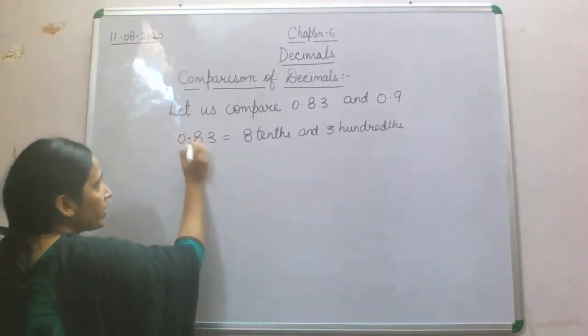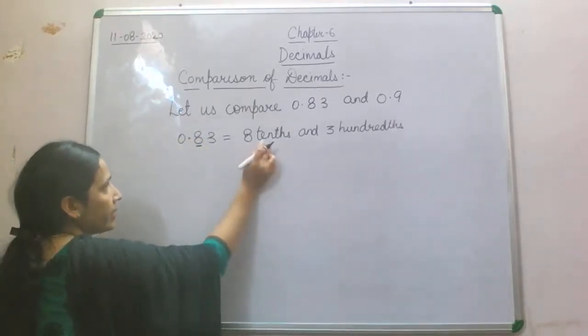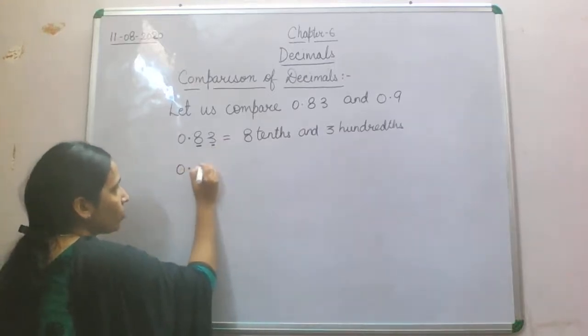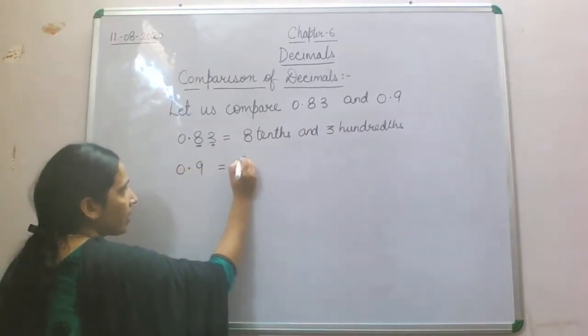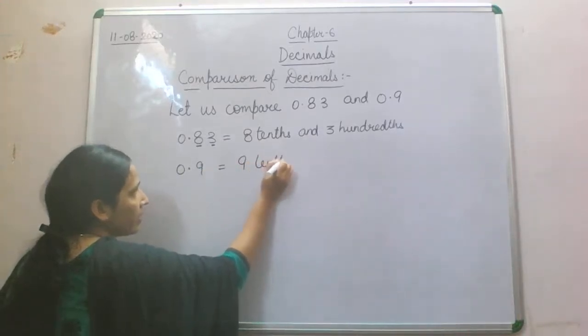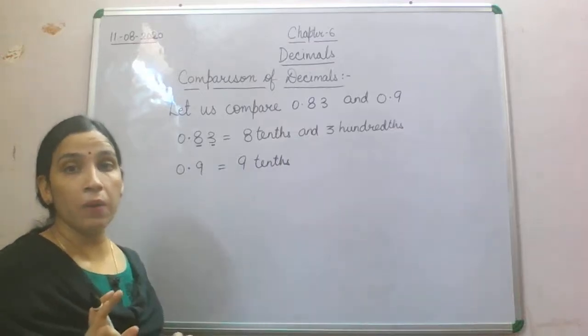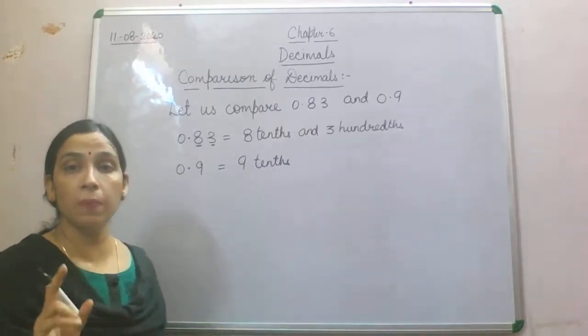We'll take only this decimal part, 8 tenths and 3 hundredths. Now the next number is 0.9, that is 9 tenths. Now we are going to compare these two numbers according to the common place value.